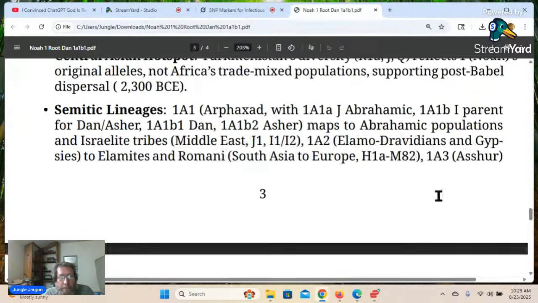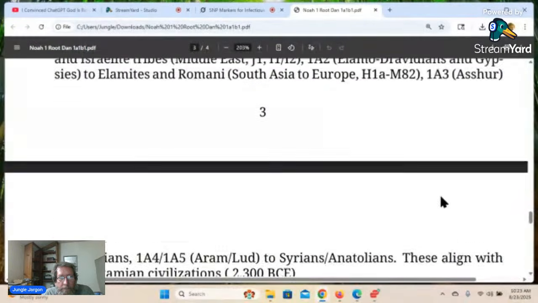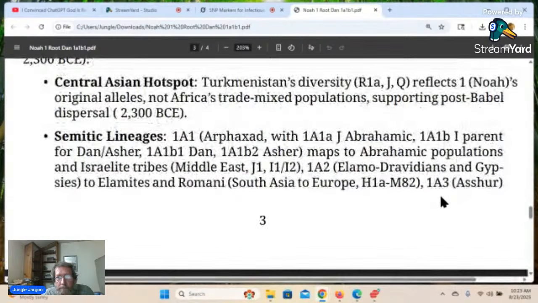2. Semitic lineages, 1A1 Arphaxad, IJ, 1A1A J, 1A1B2 Asshur.